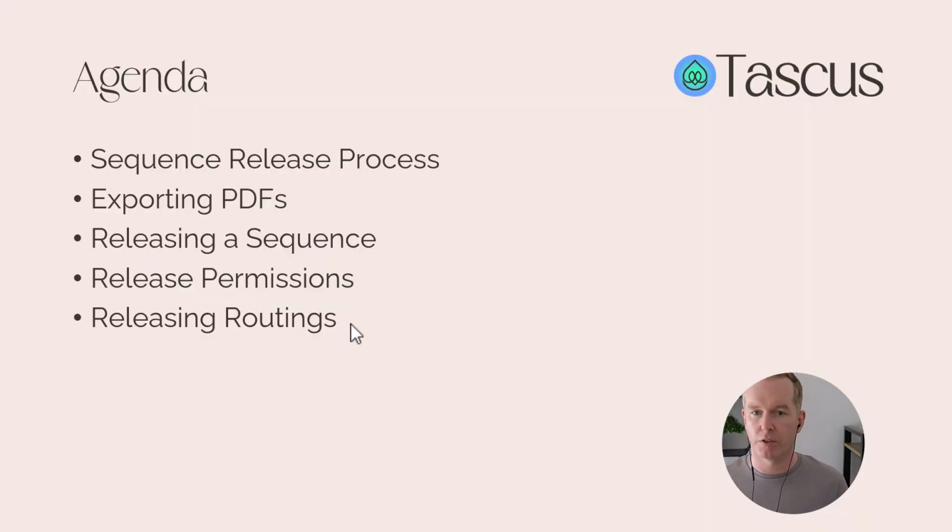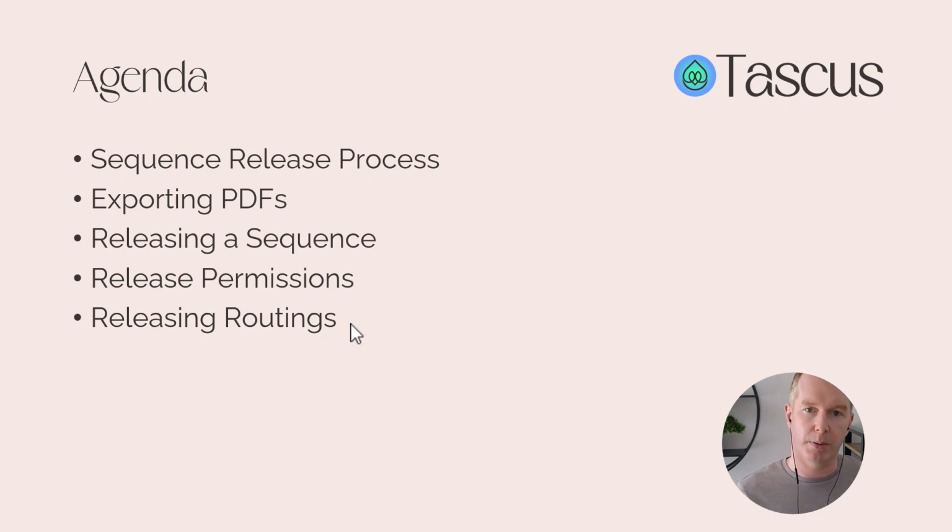So just to summarize what we covered there, Tascus has a process for the releasing of sequences and routings that lets you change them from editable to locked. To get previews, you can export your sequence to a PDF so you can share with the team for reviewing. There's then features to release a sequence that means it's permanently not editable.